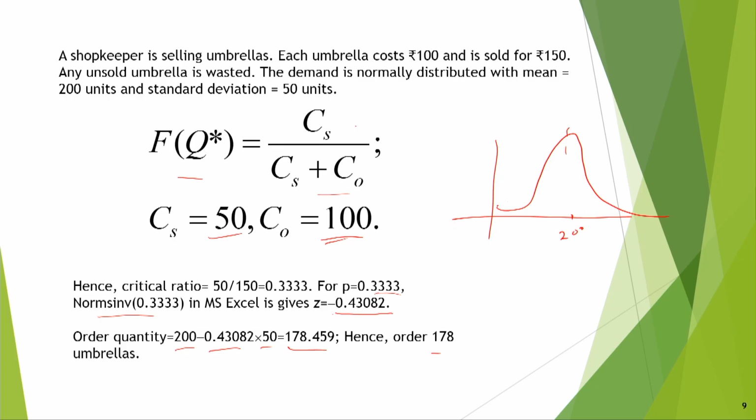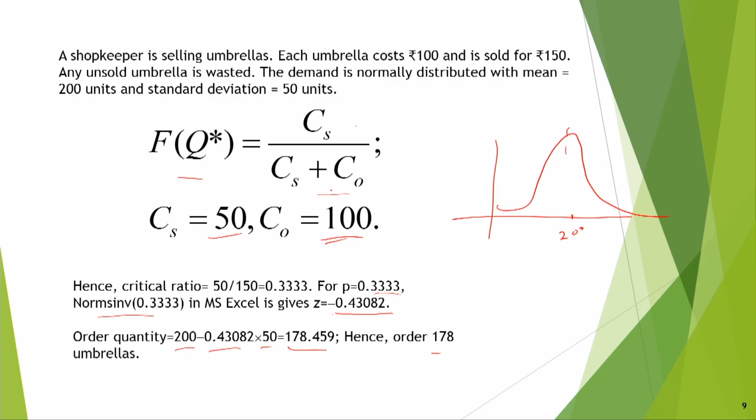Here, since the demand is normally distributed and the overage cost is actually too much, you do not want to take risk, and that is why you are ordering this. If the critical ratio had been 0.5, then you could have ordered only 200 units.